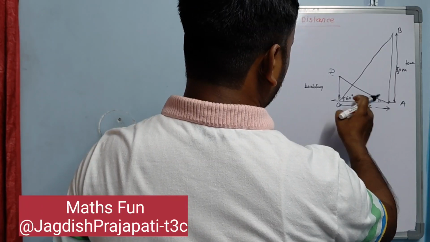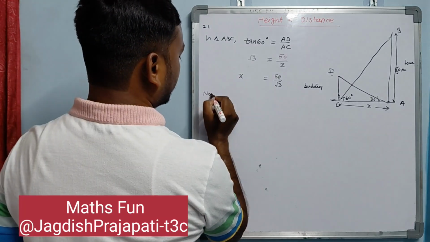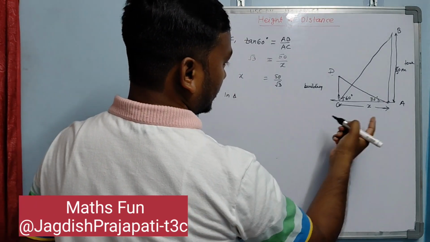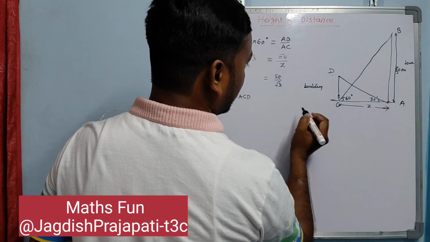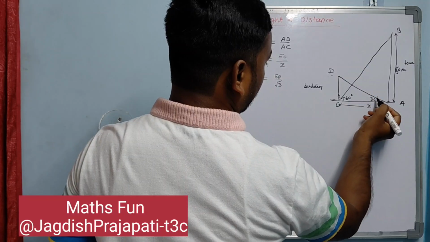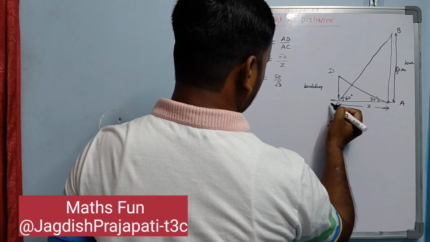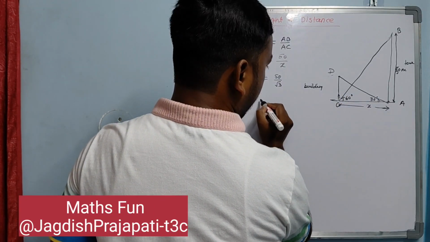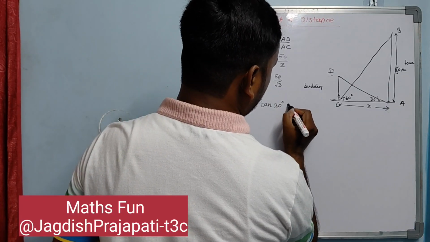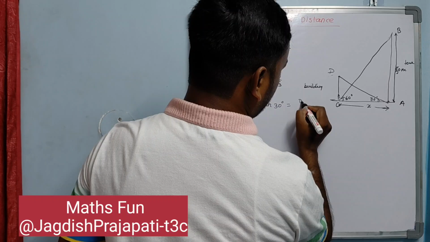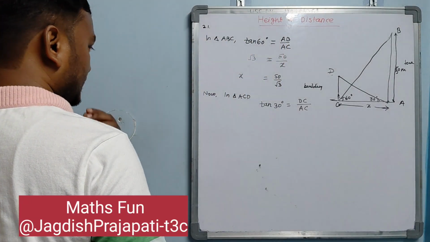So we can use this triangle. Okay, so now in triangle ACD, what do we see? Tan 30. This will be the perpendicular and this will be the base. So tan 30 degree is equal to DC, or CD, upon AC, or CA.